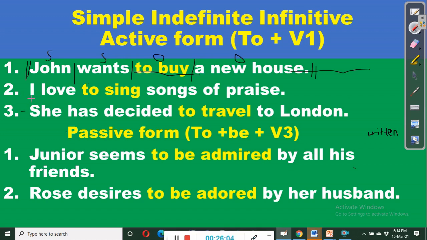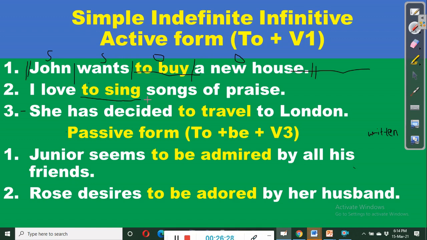Okay, second sentence, I love to sing songs of praise. Now, can you tell me the active simple indefinite infinitive in sentence number 2 here? Well, I want you to look. It's a bit obvious because the color has already given it out.